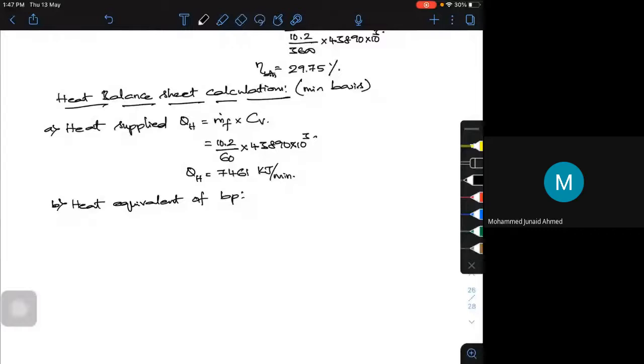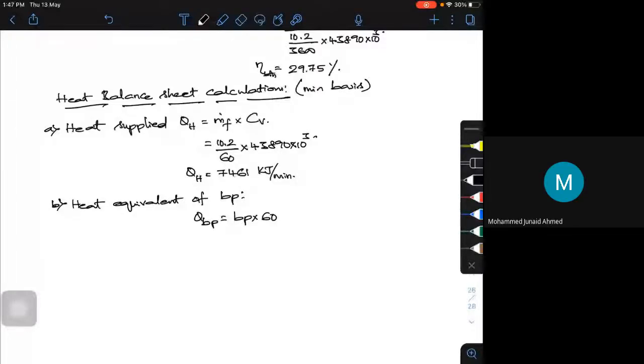Brake power is in kilowatts, or kilojoules per second, so if I multiply by 60, I'll be getting kilojoules per minute. So this will be 37 into 60, and I am getting around 2,220 kilojoules per minute.